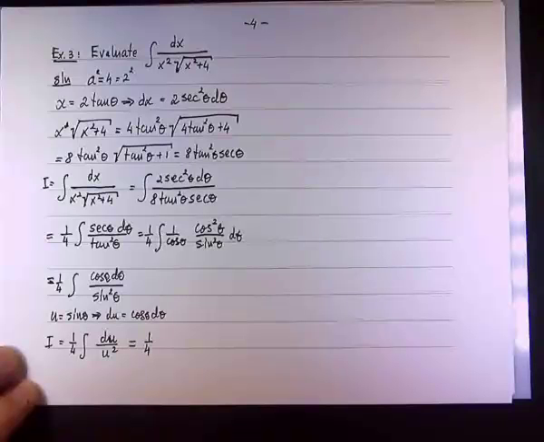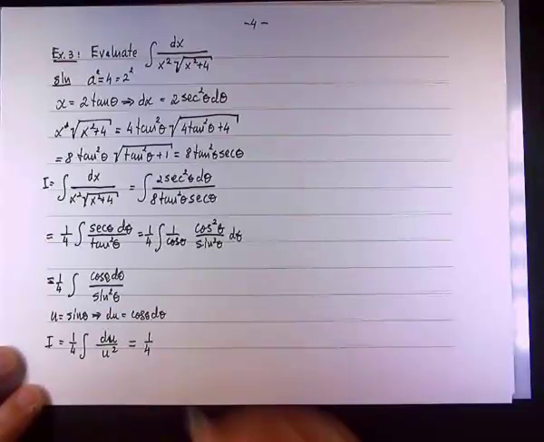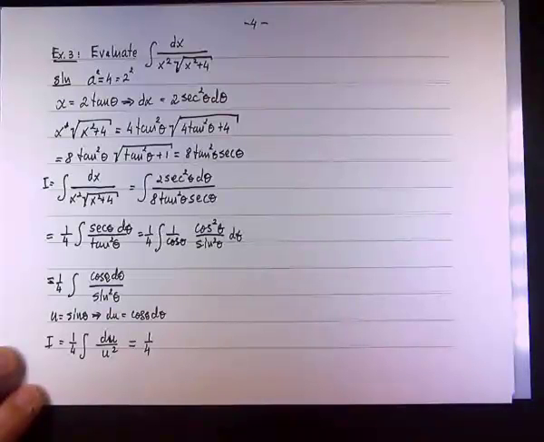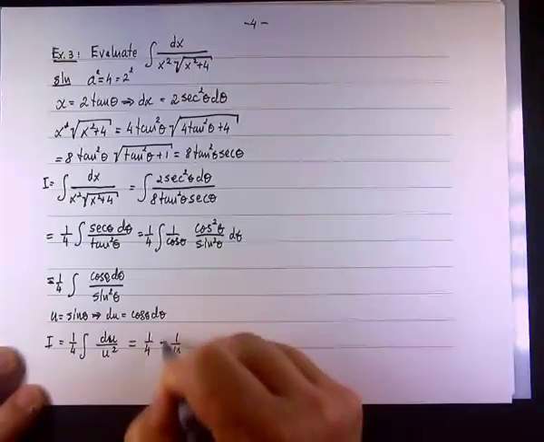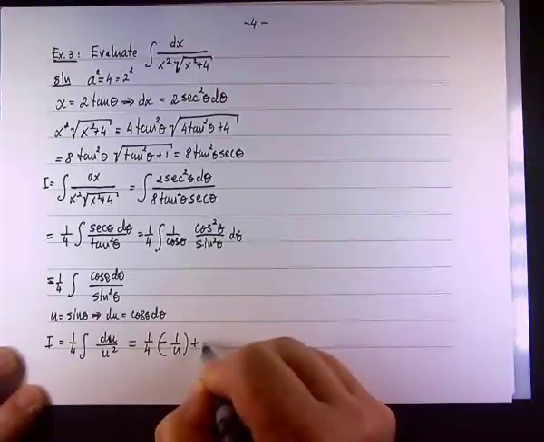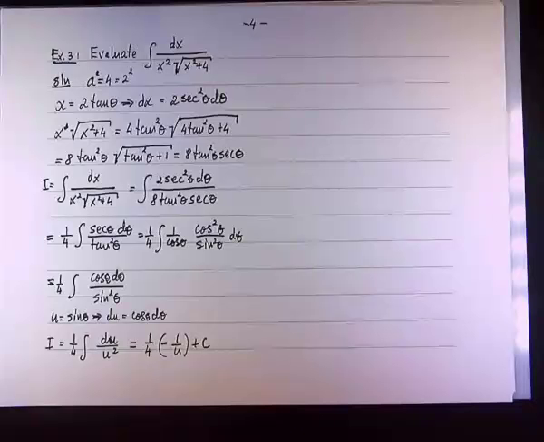Okay? So the antiderivative will be what? Negative 1 over u, right? u to negative 2, add 1 and divide by it. So it will be negative 1 over u plus c. Now I need to start the process of back substituting, right?